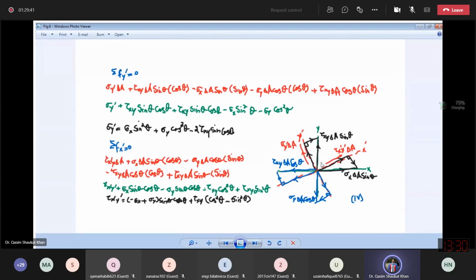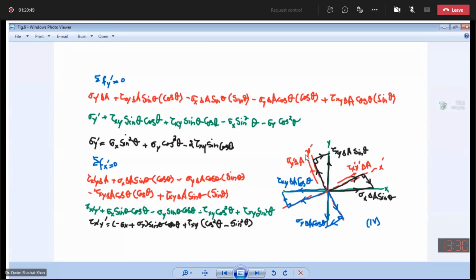In addition, in this figure I have now marked tau x dash y dash delta A about the x dash axis and sigma y dash delta A along the y dash axis. Now let's do the summation of forces about the y dash axis equal to 0. Why are we doing this? Because first we need an expression for sigma y dash.